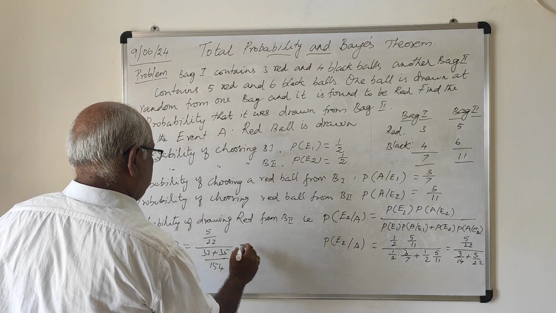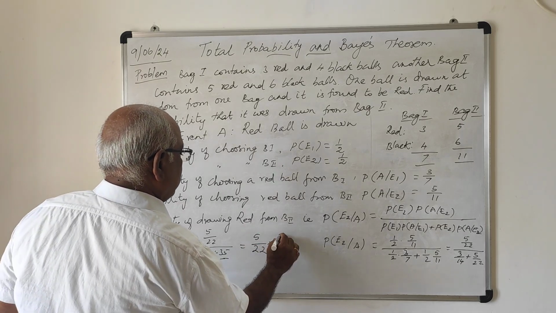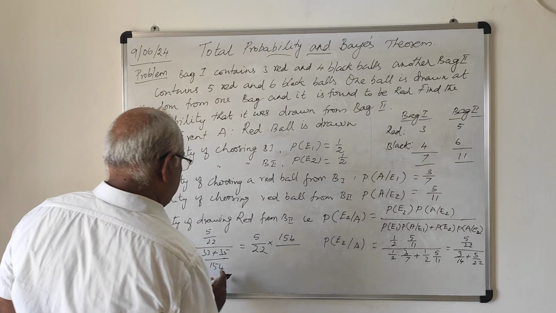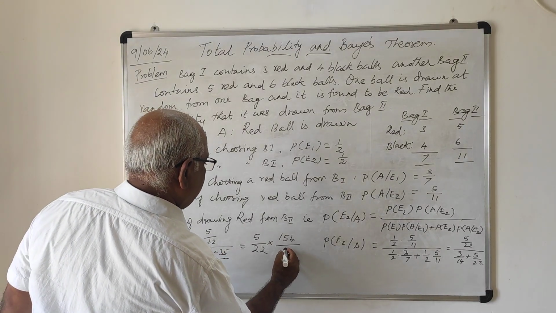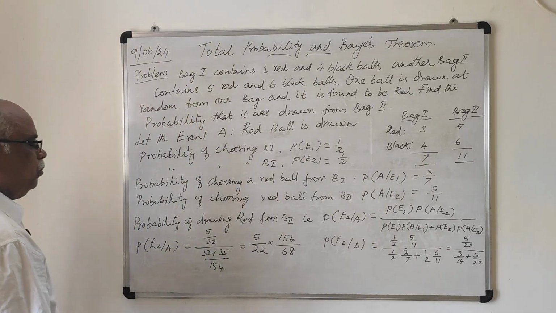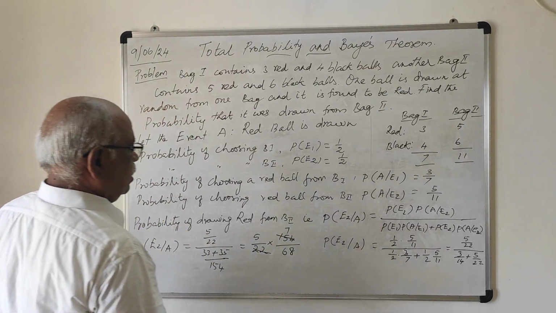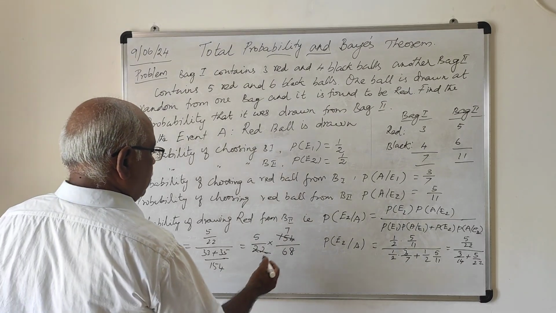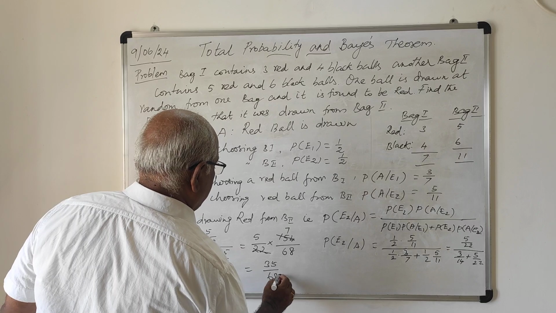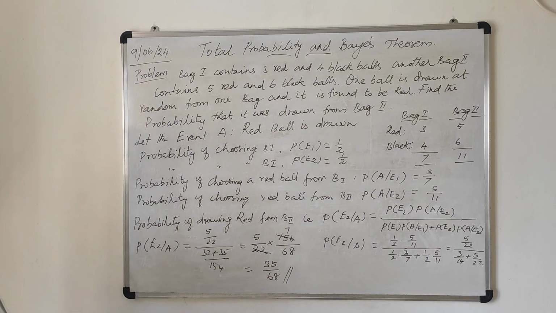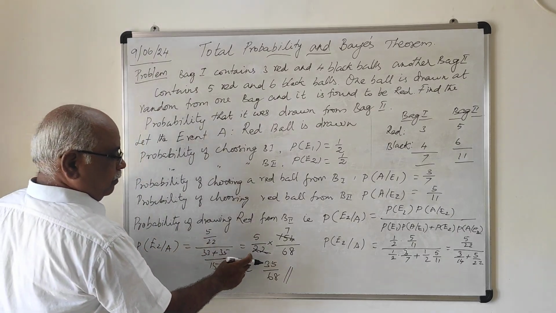That gives 5 by 22 divided by 68 by 154, so the required probability is 35 by 68. So the probability of drawing the red ball from bag 2 is 35 by 68.